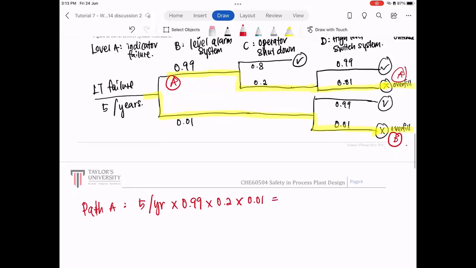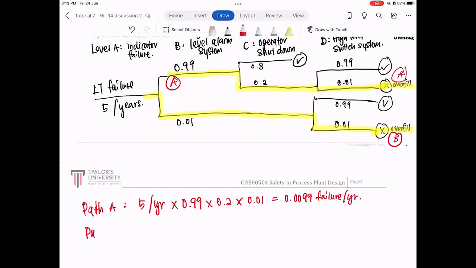So what is the value here? This is 0.0099 failure per year. This is on path A.